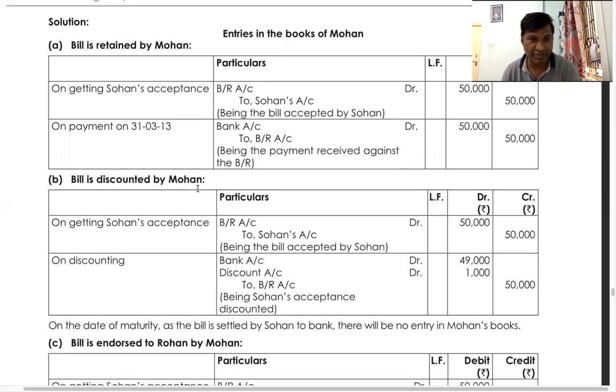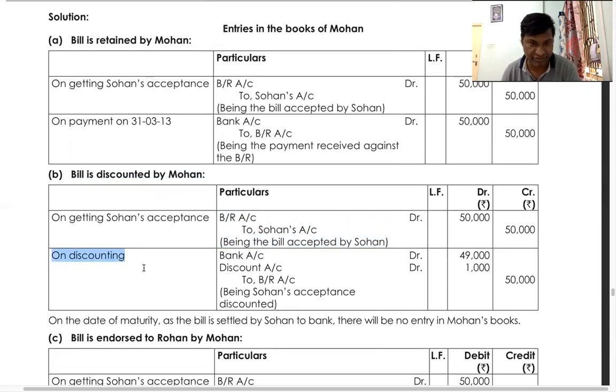When the bill is accepted by Sohan, this is the same bill receivable to Sohan. Then on discounting, this is a new thing. On discounting, bank account debit 49,000, discount account debit 1,000 to bill receivable account. The total value of the bill is 50,000, which is discounted with 1,000 with the banker, and 49,000 is the amount received.